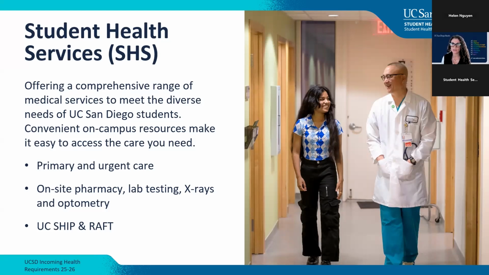It is a wonderful and very cost-effective option. If your insurance is Kaiser, Kaiser is quite a distance from campus, so having RAFT and being able to access Student Health is a really good idea. It's very, very convenient.